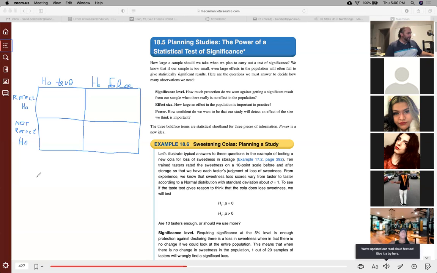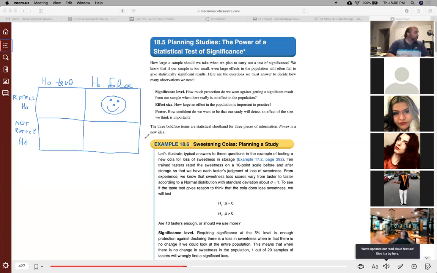When H naught is false and you reject it? Yes, if H naught is false, you certainly want to reject it, correct? So this square is a happy square. You did the right thing.